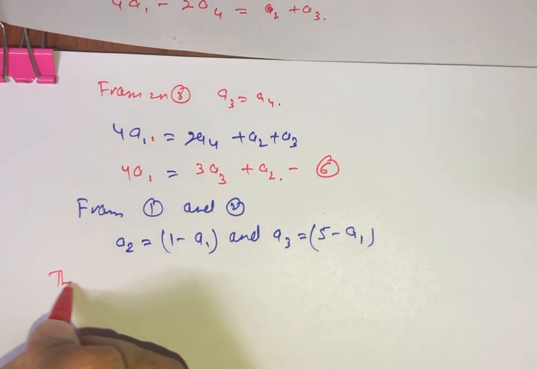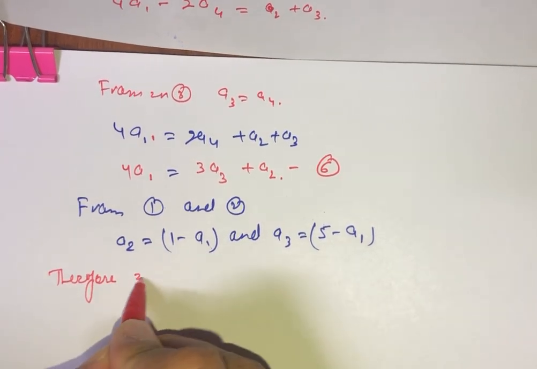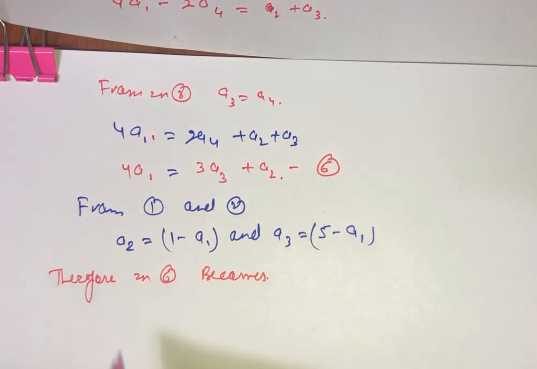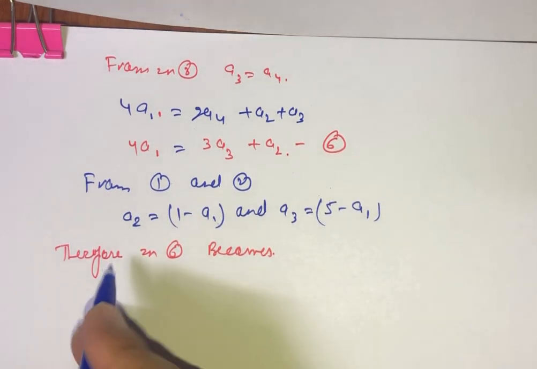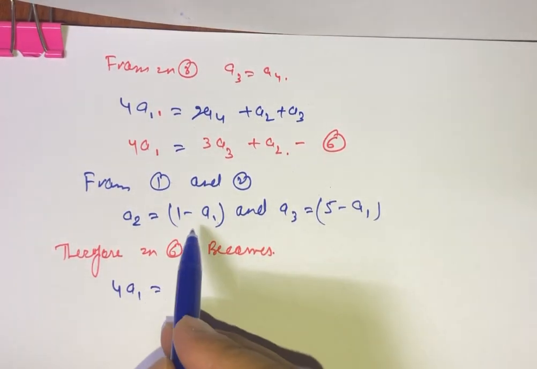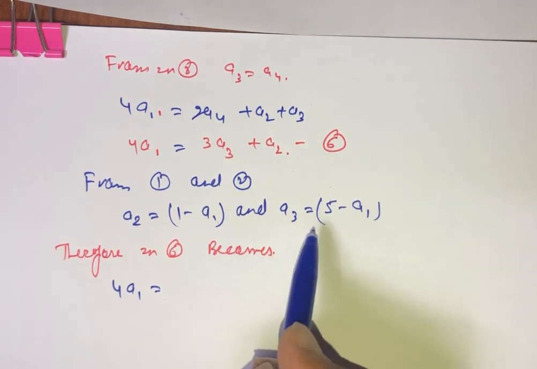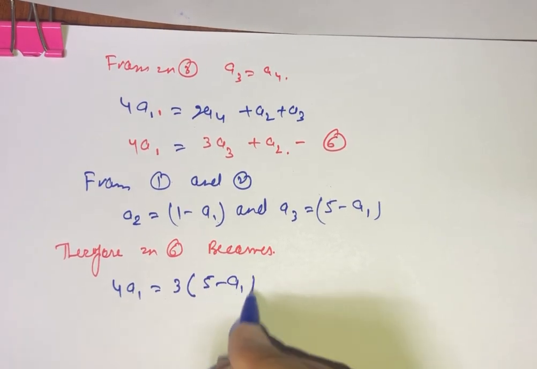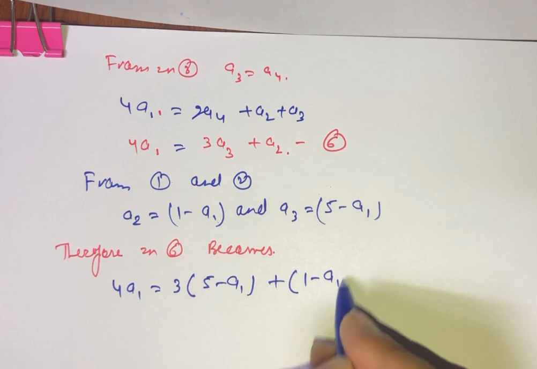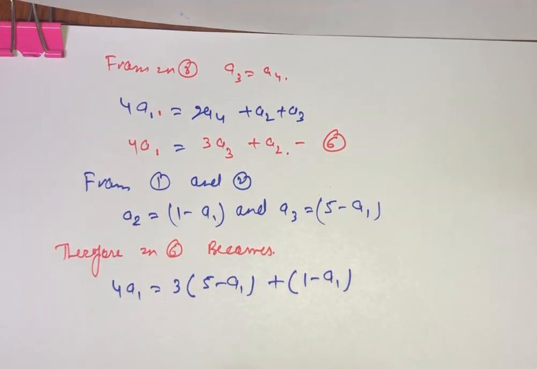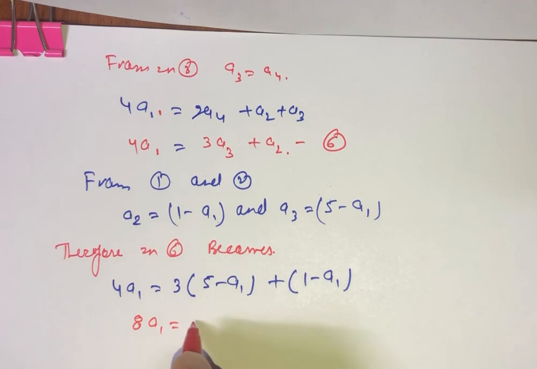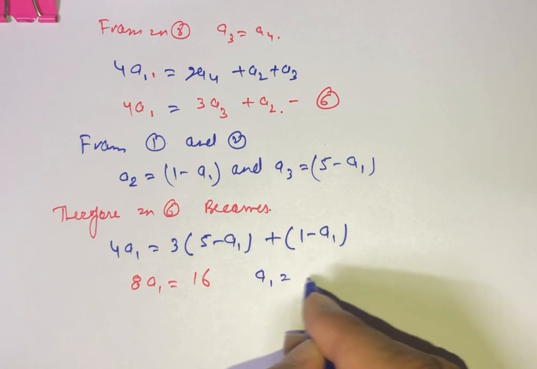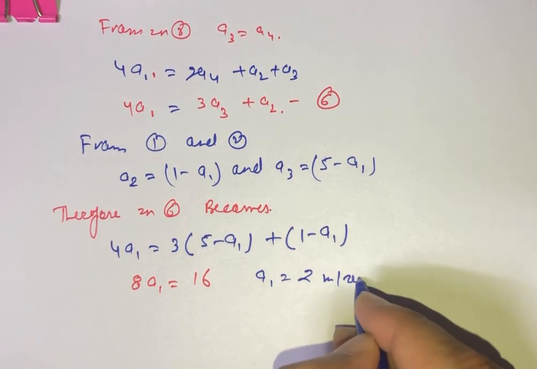Therefore, equation 6 becomes 4 times a1. We substitute value of a2 and a3. We get 3 times 5 minus a1 plus 1 minus a1, and solving this for a1, 8a1 will be equal to 16, and a1 will be equal to 2 meter per second square.